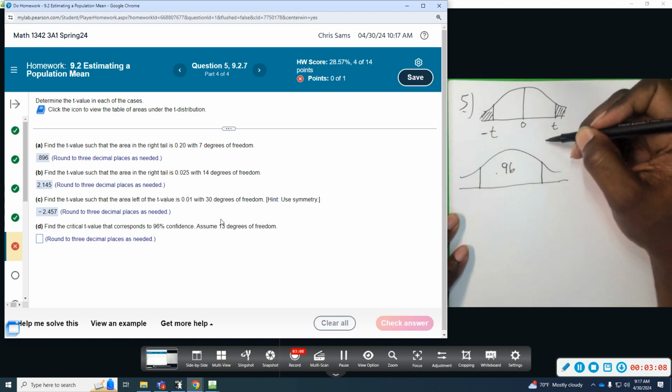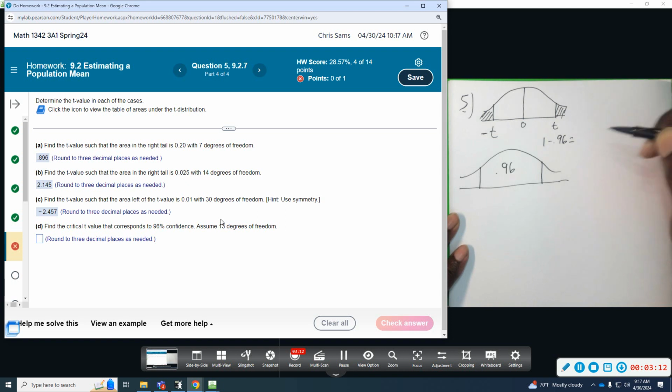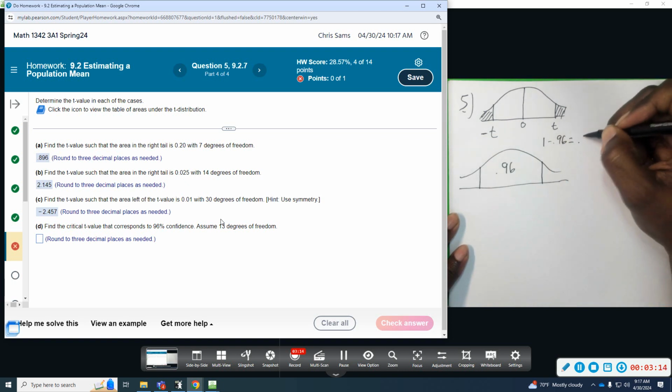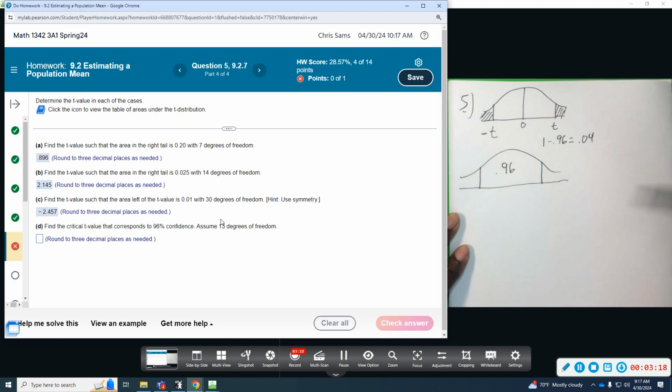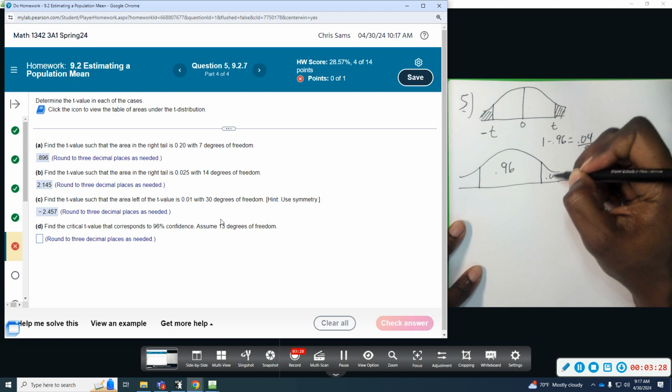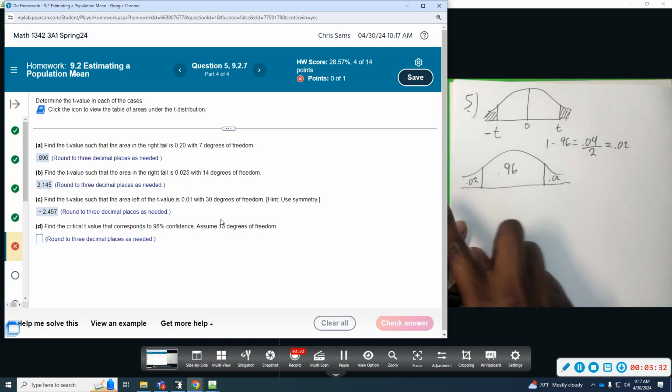So if I do 1 minus 0.96, that gives me 0.04. Now that 0.04 is going to be split up into 2 sides, so I'm going to divide by 2. It's going to give me 0.02. So the area over here is 0.02, the area over here is 0.02. That's how we get our 100%.